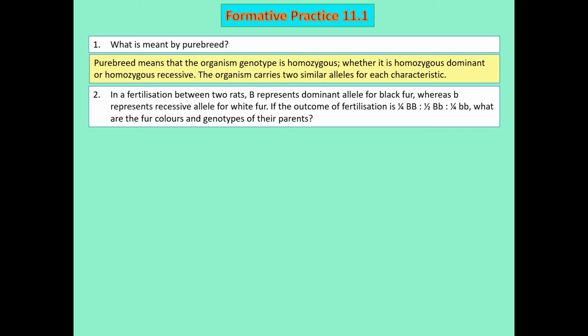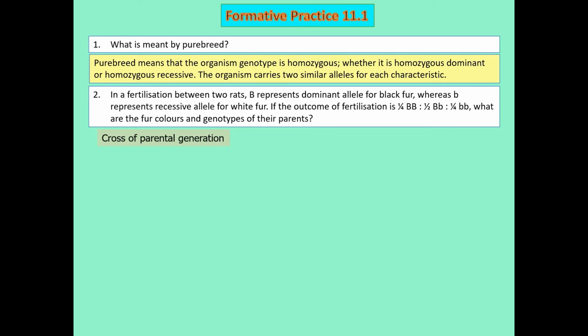Question number 2. In a fertilization between two rats, big B represents dominant allele for black fur, whereas small b represents recessive allele for white fur. If the outcome of the fertilization is 1/4 big B big B, half is big B small b, and 1/4 is small b small b, what are the fur color and genotype of their parents?